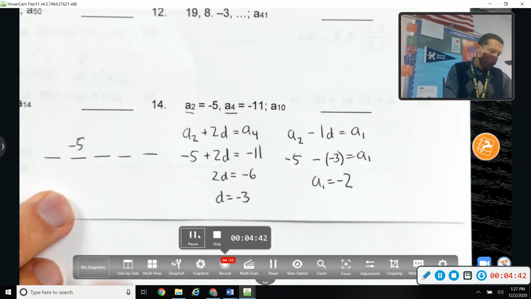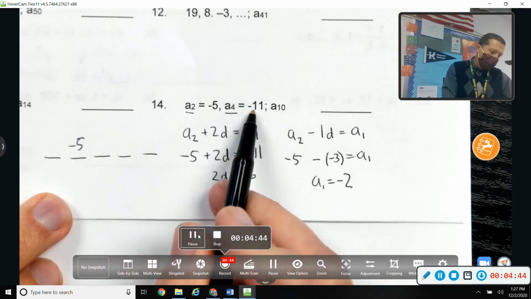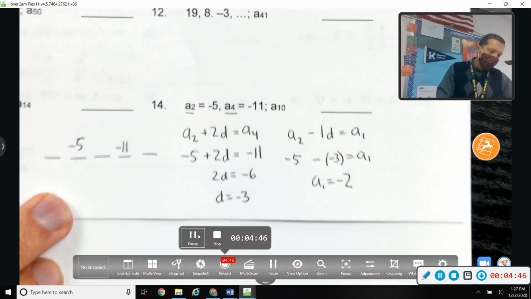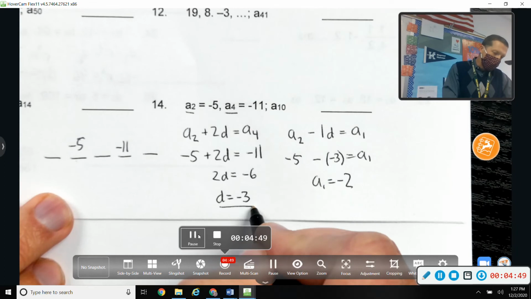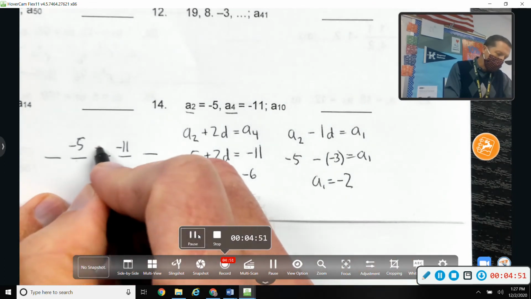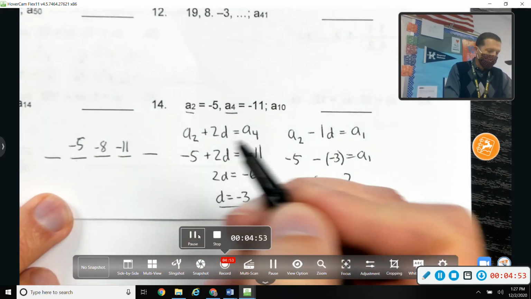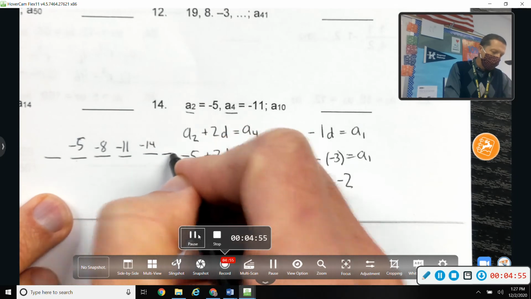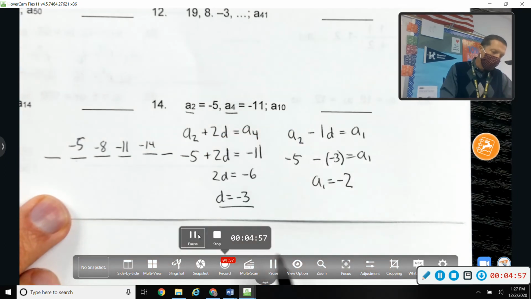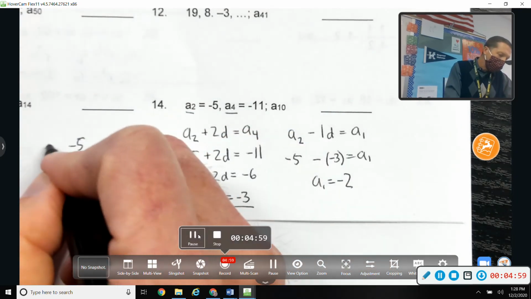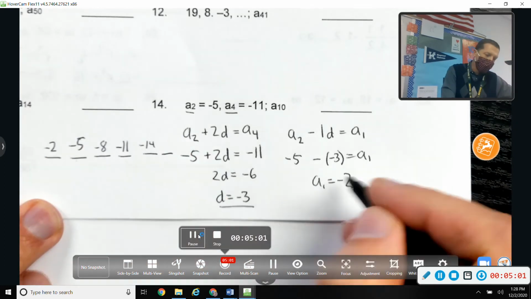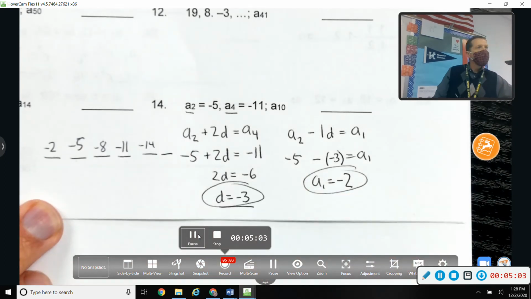We know negative 5 is the second term. Negative 11 is the fourth term. We think D is negative 3, so that means we're going to subtract 3 each time. So that fits. We could keep going. I guess we don't need to. And if we back up 1, we would get negative 2 for the first term, which matches what we had.